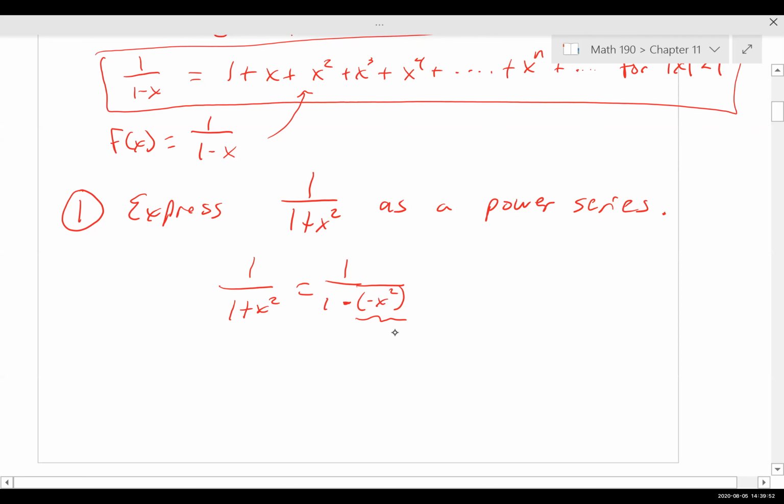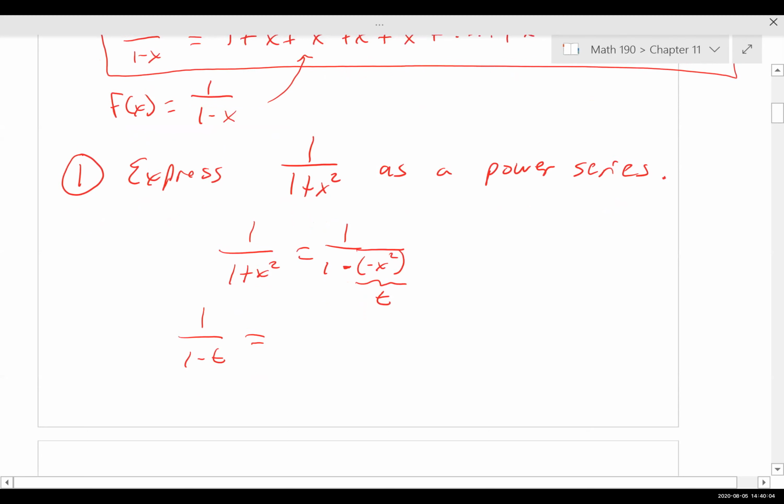I could put a variable in here, t. And so I would say 1 over 1 minus t is equal to 1 plus t squared plus t cubed plus dot dot dot forever, right? But what is t? Isn't t equal to negative x squared? So wouldn't we just substitute in negative x squared wherever we see t?